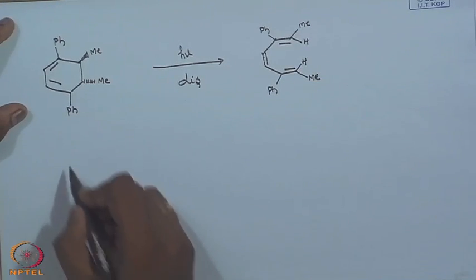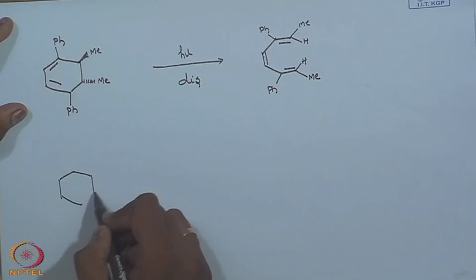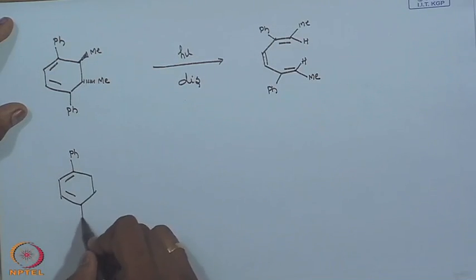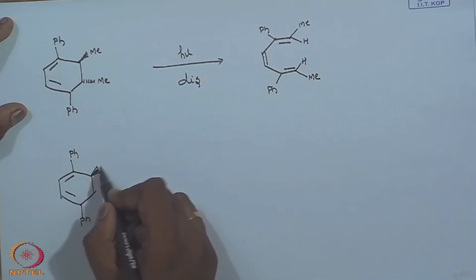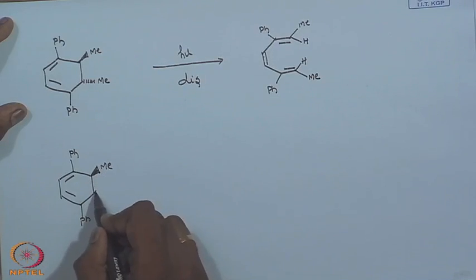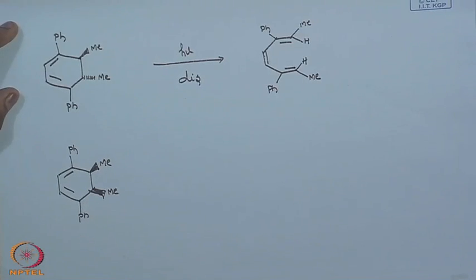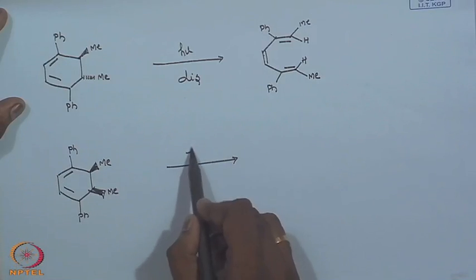So, if I take a similar system with phenyl, phenyl, have a methyl, have a methyl here. Okay. Now I photolyze this one.